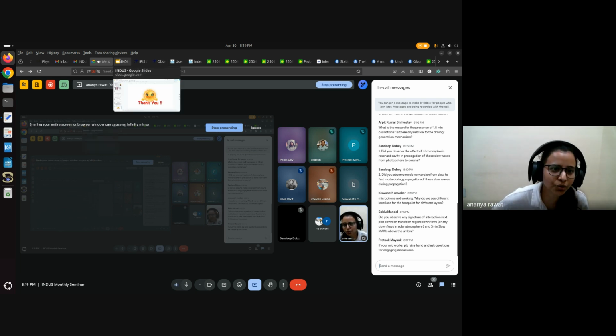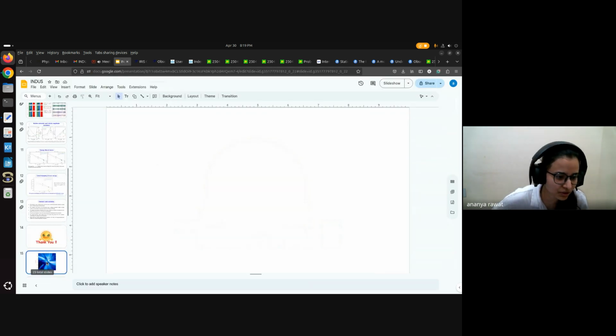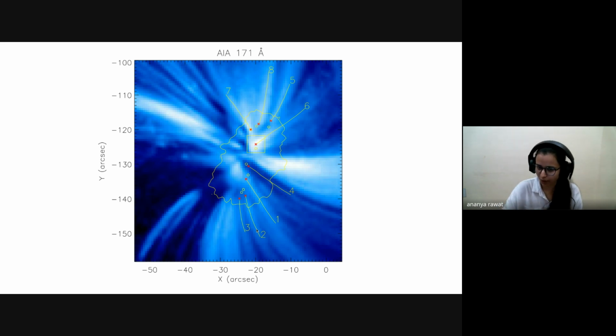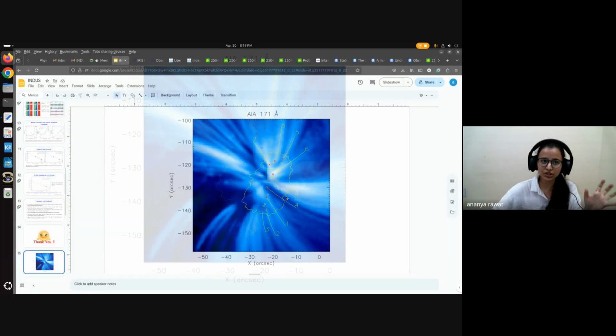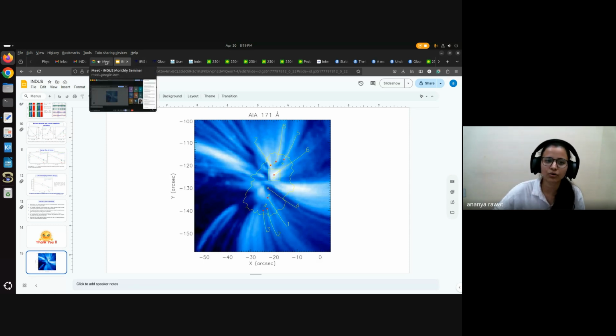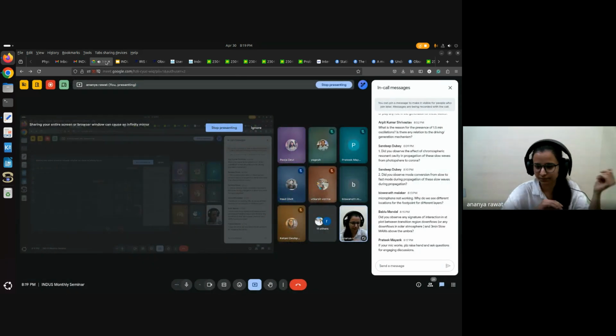So I can show you an image. Here we can see that this red asterisk symbol represents the loop foot point in the corona, and this circle represents the loop location at the photosphere. So here we can clearly see that the loops are moving into the umbra. So there is basically a certain inclination effect due to which the loop foot points are shifting in our correlation images.